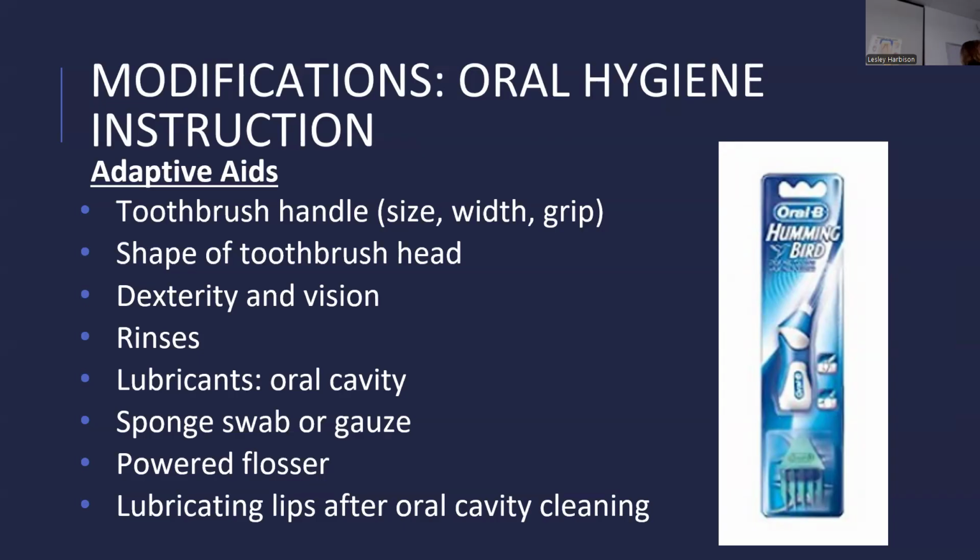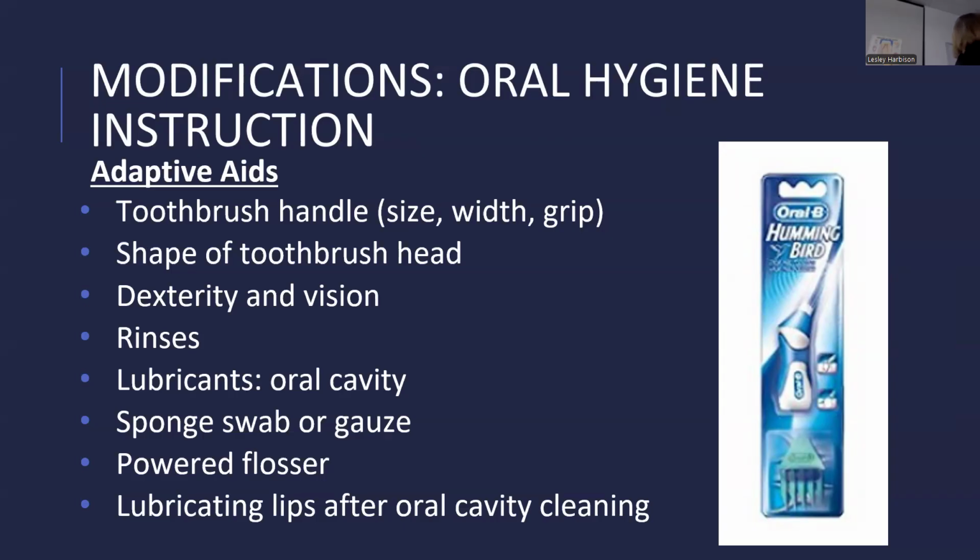older population. The bigger the handle, the better it is for their dexterity. An electric toothbrush is great. A water pick is great. The different brushes that wrap around the arch, so you don't have to be as dexterous. You can just do a simpler brushing motion.